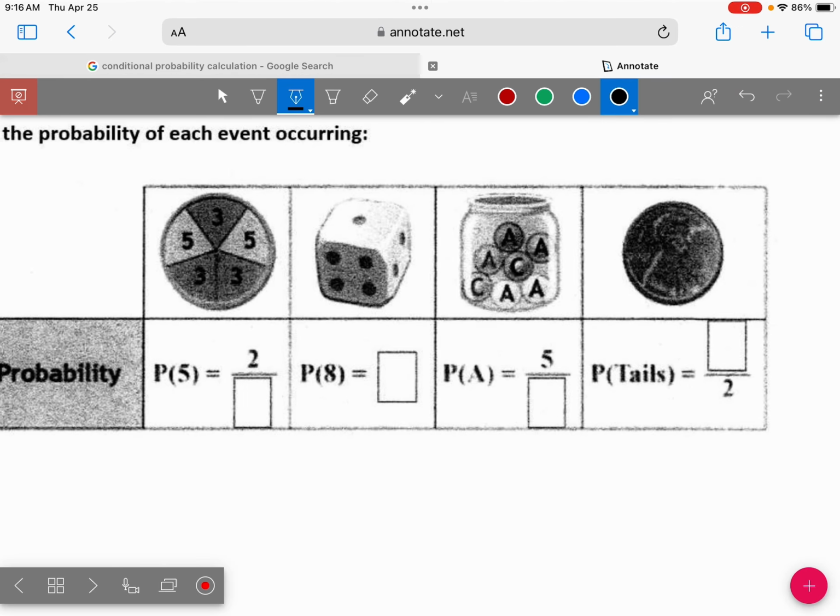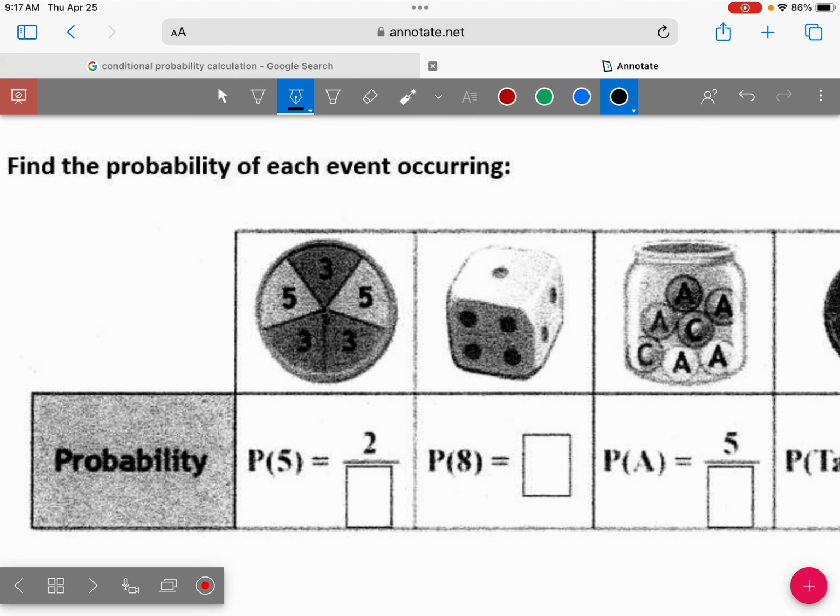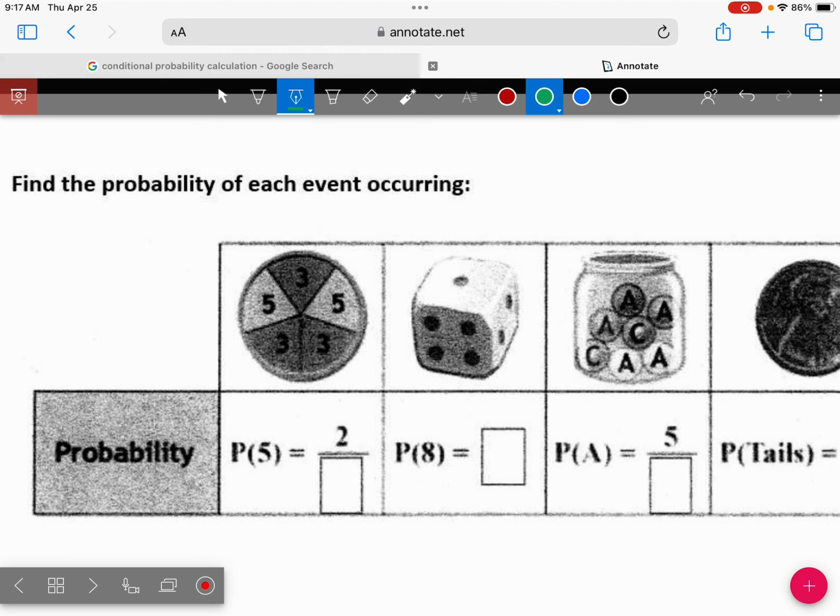And I know your copy may be kind of bad, but what this is asking you for is the missing numbers. So the probability that the spinner landed on a 5 will be 2 over what? The probability that you roll a die and it lands on the number 8 is what?